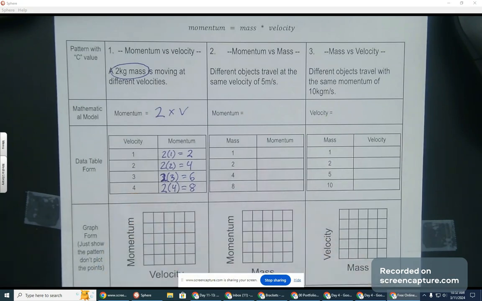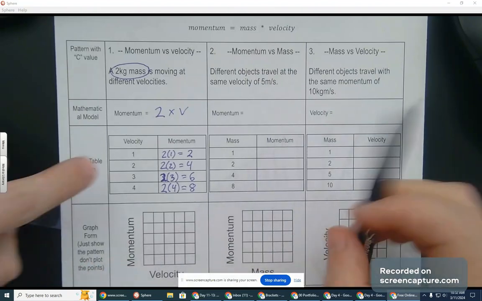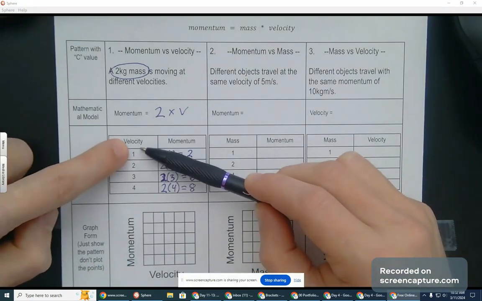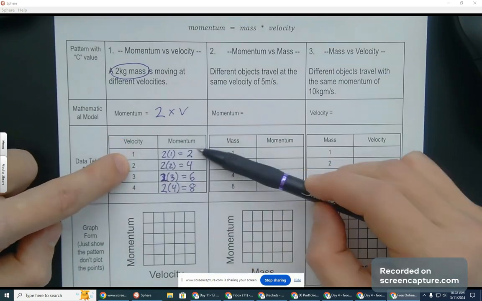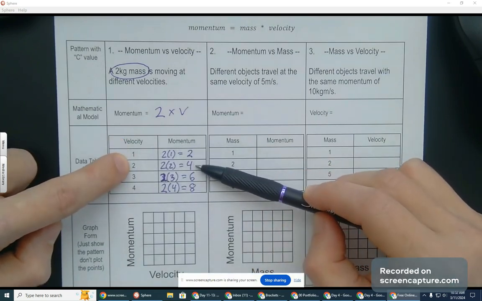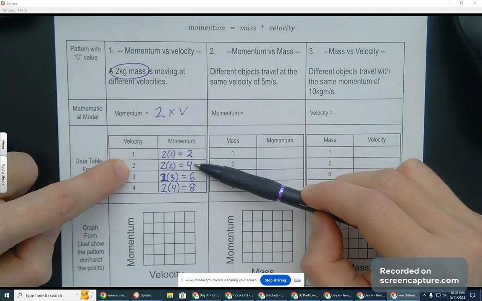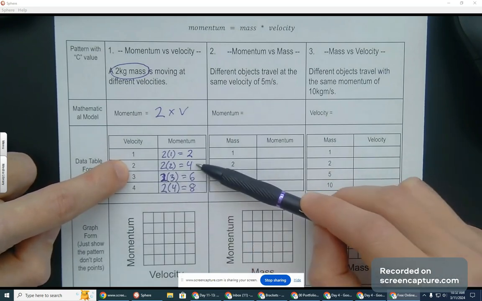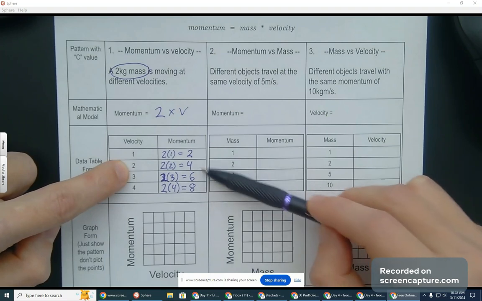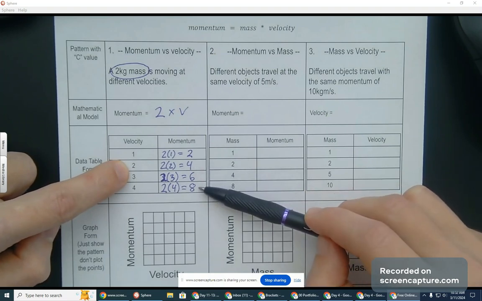Now, if we're trying to figure out which pattern this is in order to draw it, we're looking at when this x value doubles. When the input doubles, what happens to the output? Well, it also doubled. What about when I went from 2 to 4? That's doubling. The output doubled as well, went from 4 to 8.